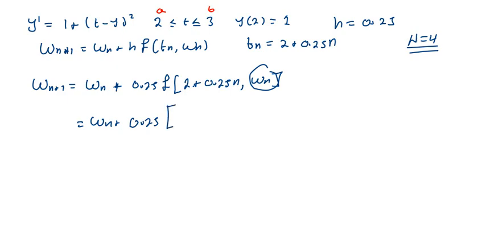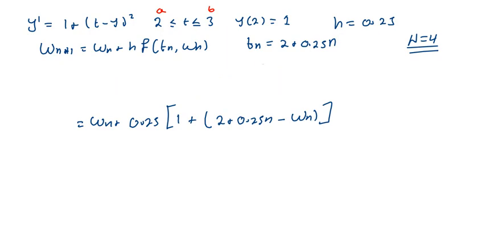In this differential equation, you say 1 plus, in the brackets where there is t, you substitute this portion here: 2 plus 0.25n, minus y. What is our y? It's w_n.